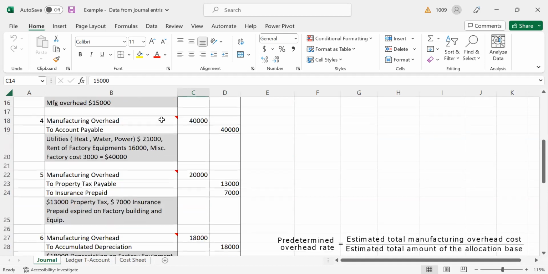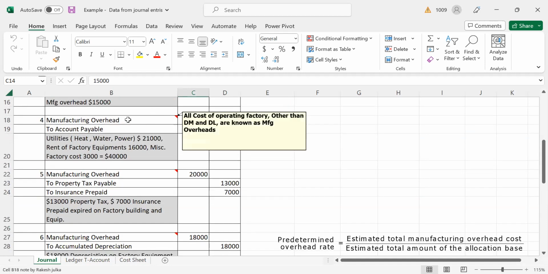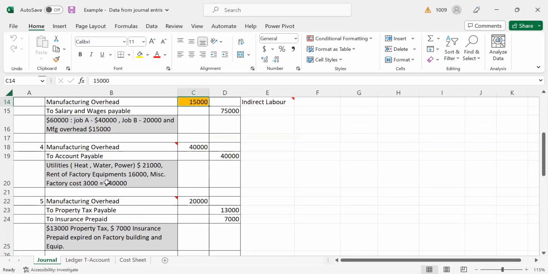Next we have the manufacturing overhead of $40,000: utilities, heat, water, power $21,000, rent of the factory equipment $16,000, and miscellaneous factory cost $3,000.